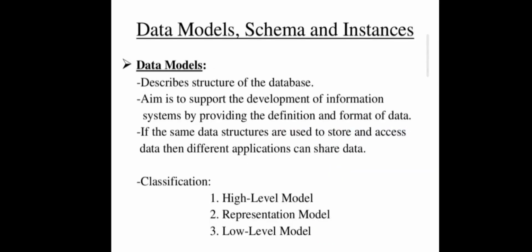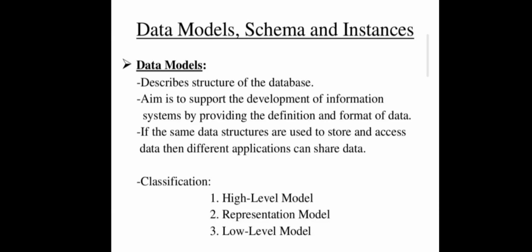Next one is data models, schemas, and instance. Data models. What are data models? According to me, they describe the structure of the database. The data model that describes the whole structure of a database is called a data model. Its aim is to support the development of information systems by providing the definition and format of data.